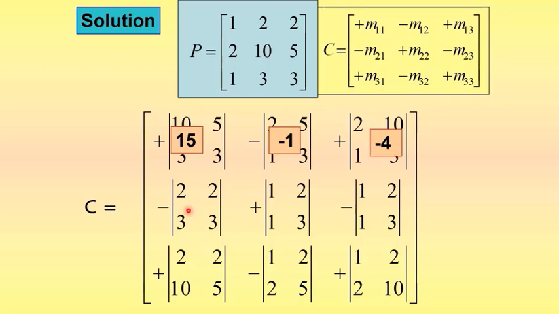Okay, so second row first column 2 1, remaining 2 2 3 3, so we have identical entries here, 2 3 and 2 3 identical, so according to properties must be 0.